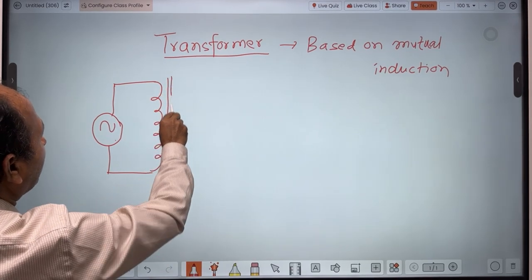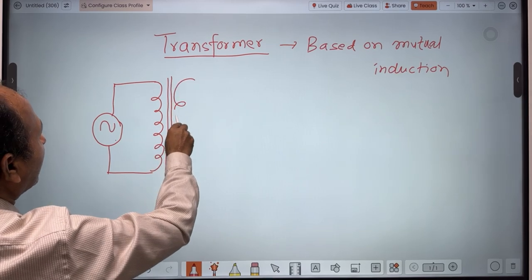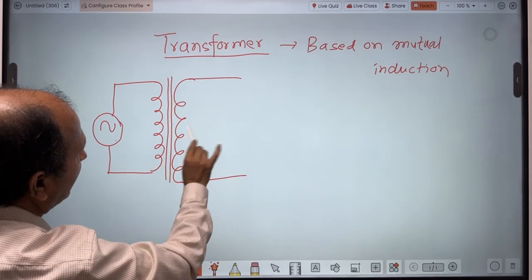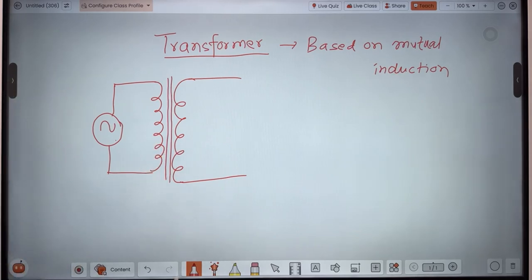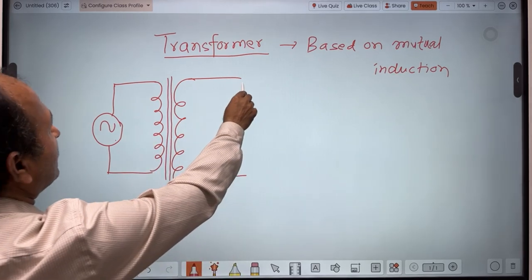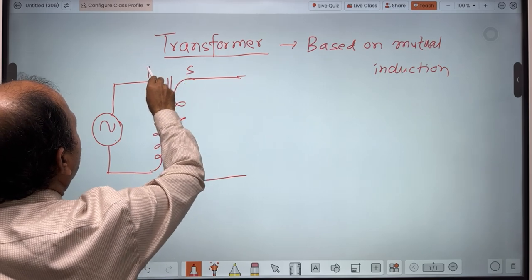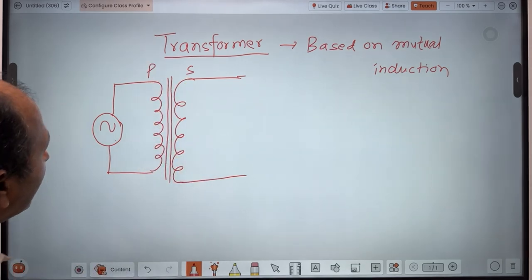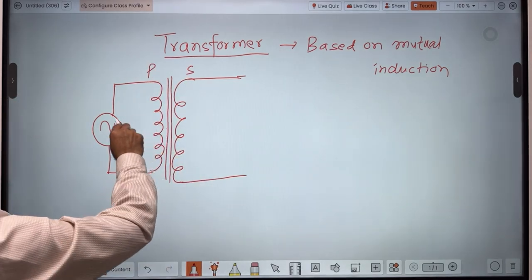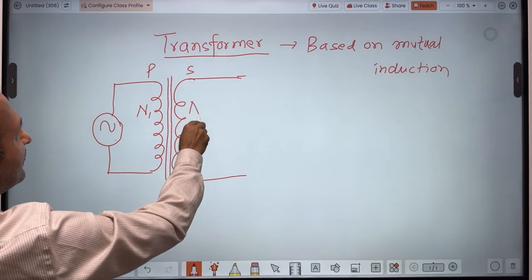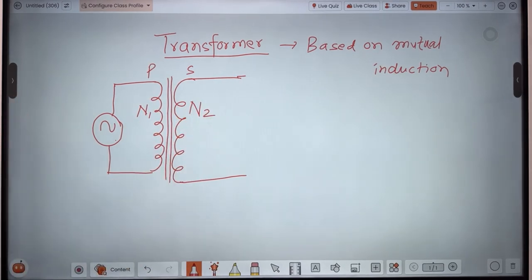And here there are laminated cores, and after that there will be secondary coil. So I'm just drawing this up to here. Later on we can draw different situations. So here this is secondary, this is primary. Now suppose primary has turns N1 and secondary has turns N2.